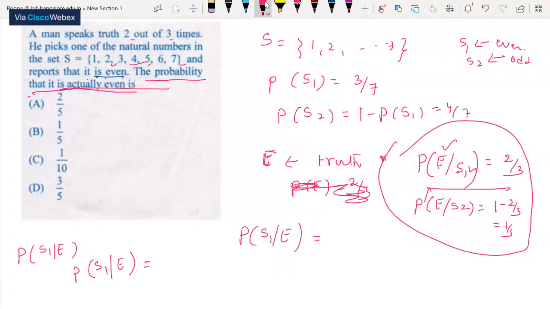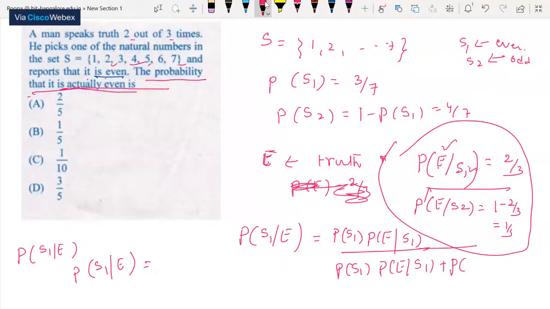What is the formula? It is the Bayes formula: probability of S1 given E equals probability of S1 into probability of E given S1, divided by probability of S1 into probability of E given S1, plus probability of S2 into probability of E given S2. The probabilities of S1 and S2 we get very easily.